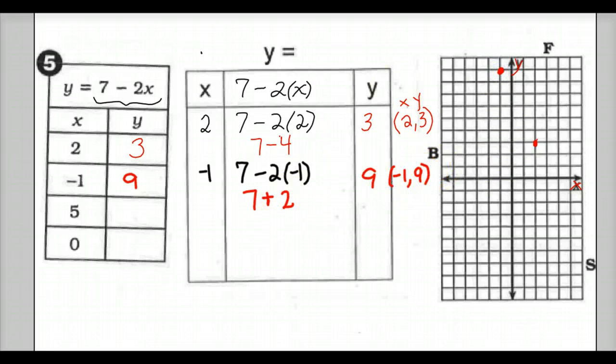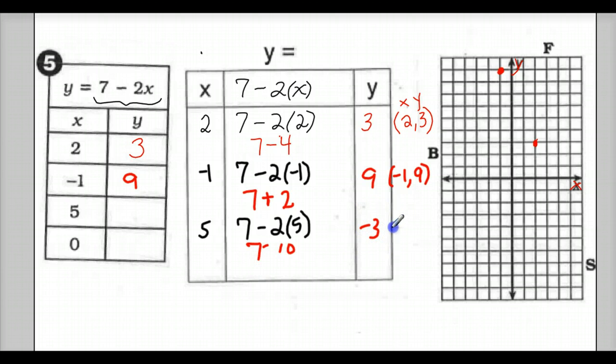All right, next x value is 5. So we put 5 here. This means we substitute 5 in for our x. So it's 7 minus 2 times 5. We're going to change our color again for showing work. Negative 2 times 5 is negative 10. 7 minus 10 is going to give us a negative 3.